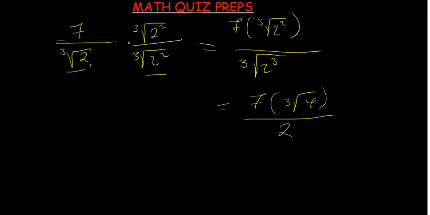So in this case we've rationalized. This can also be written as 7 over 2 cube root of 4. To make sure that this 3 doesn't look like it's multiplying, we better put in the brackets. Is that fine?